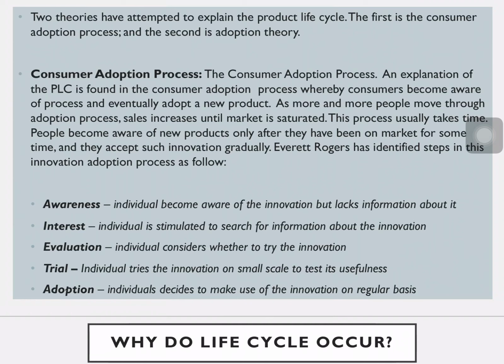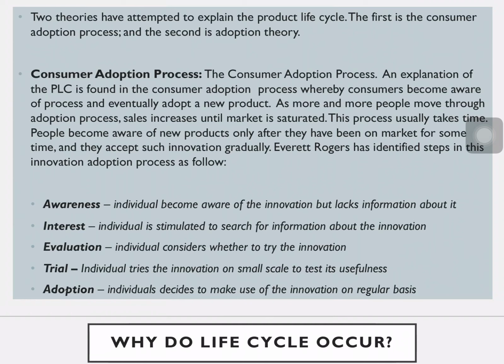Suppose a company has launched a new product. You are aware that company XYZ has launched it, but you lack information regarding how the product will work, what the features are, and how the product is different from the substitute product. The second stage is interest.